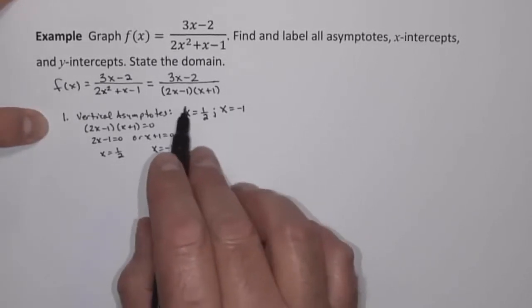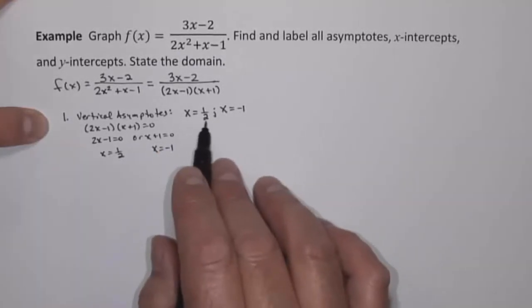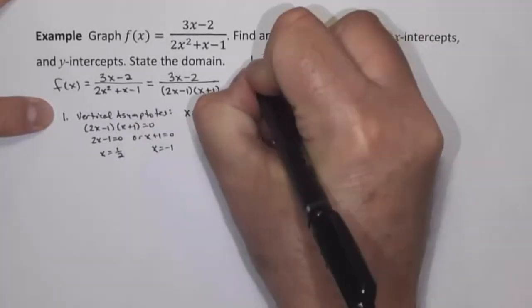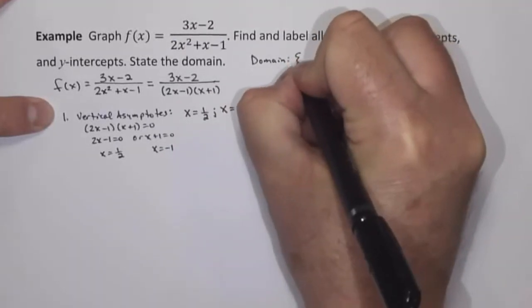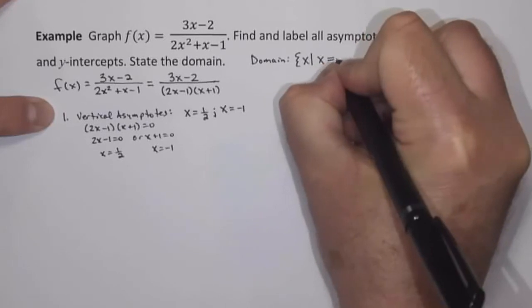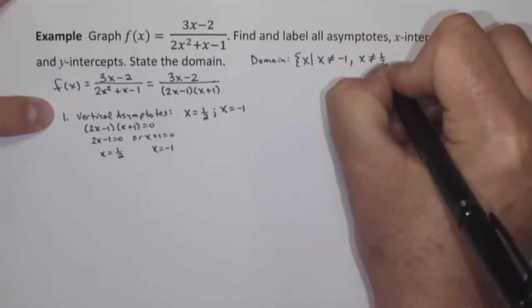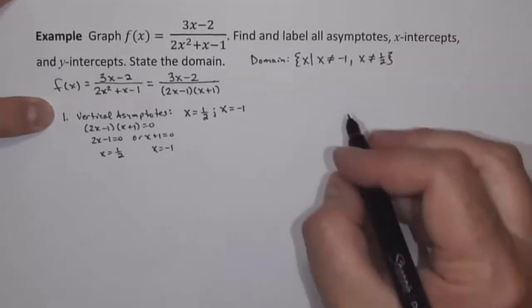Incidentally, 1/2 is a zero of the denominator, negative 1 is a zero of the denominator, and if we wanted to state the domain, we could go ahead and do that right now. Our domain is going to be all real numbers as long as x is not negative 1 and x is not 1/2. But x could be anything other than negative 1 and 1/2.